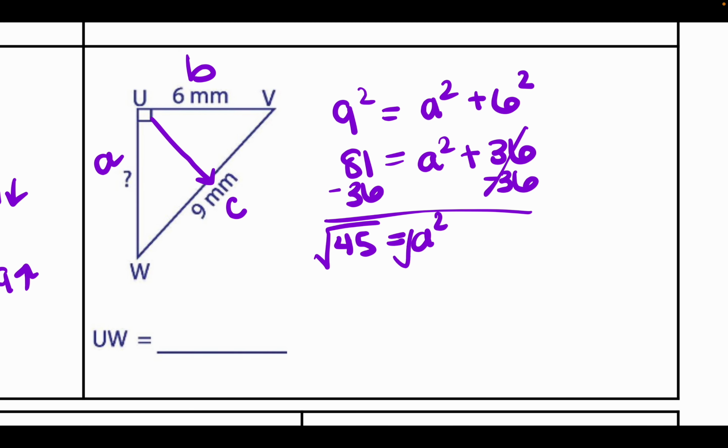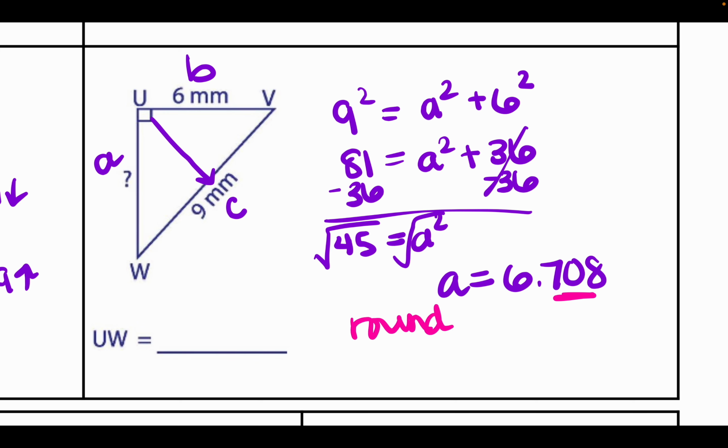Take the square root on both sides to get rid of that squared. So we get a is equal to 6.708. But remember, we need to round. So our answer is 6.7. Remember that 0 tells us to round down, so 6.7.